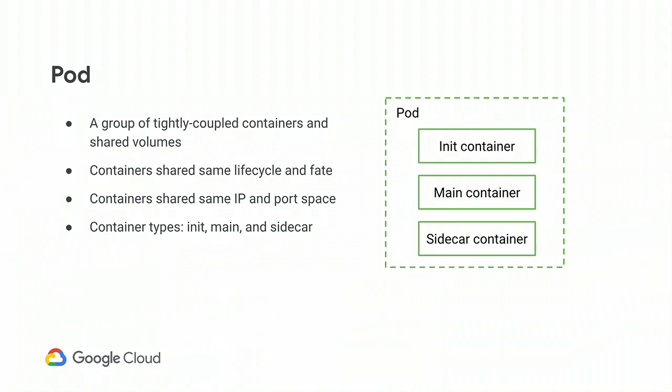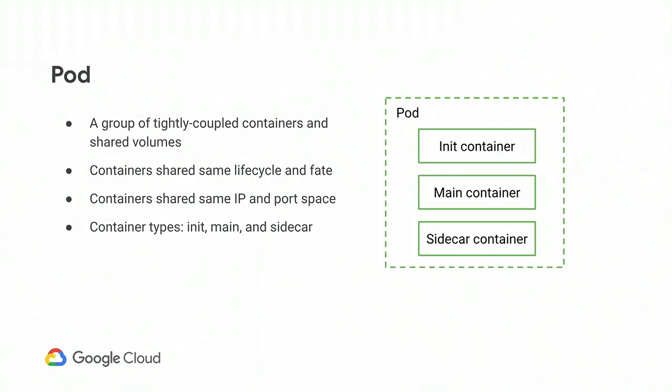And all the containers between the pods share the same life cycle and phase. So if a pod is down, all the containers between it is also down. And the containers also share the same IP and pod space. They see each other as local hosts.